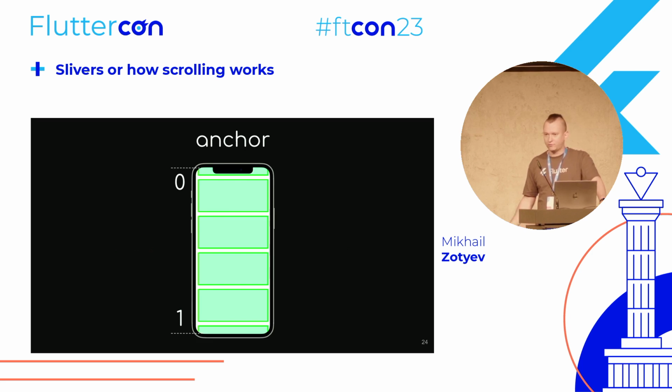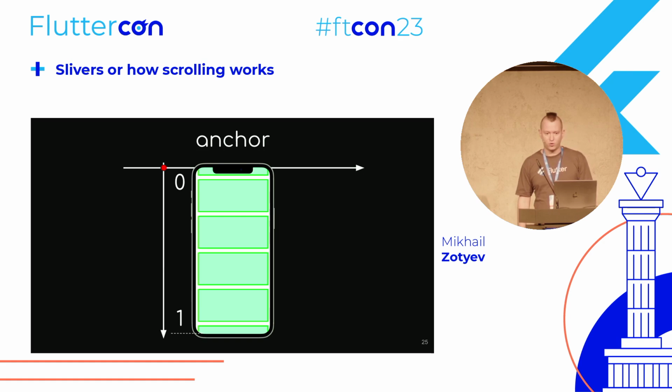Regarding the left or right side of the cross-axis direction, it's easy. Which side is crossing first? This is the place where the anchor is. But with the main axis, it's flexible. All space along the main axis is a segment from 0 to 1. And by default, it's 0. So the default position of this anchor is the left top corner, but we can set this.